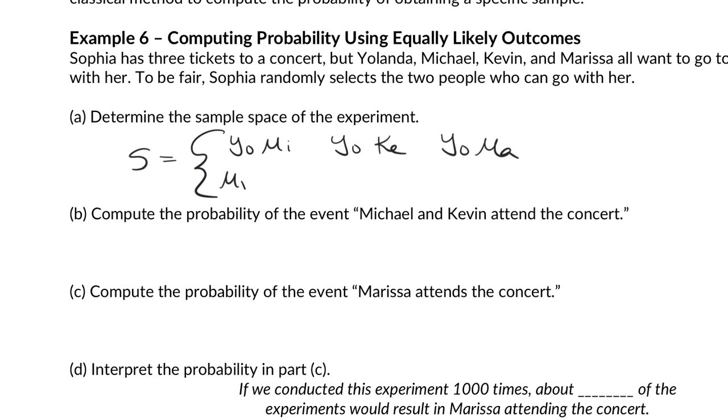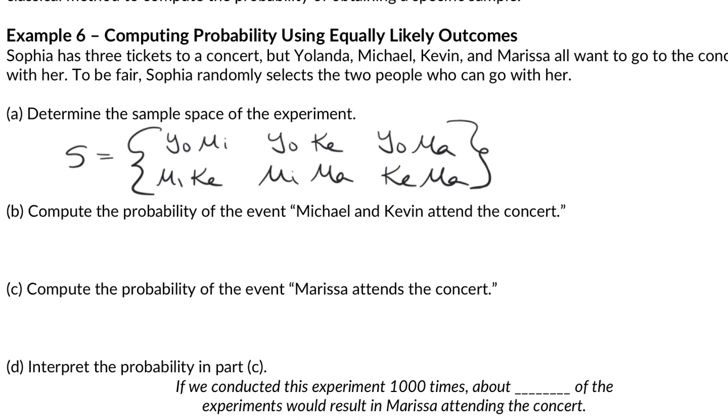She could pick Michael and Kevin, Michael and Marissa, or Kevin and Marissa. We're just choosing 2 people out of a list of 4.